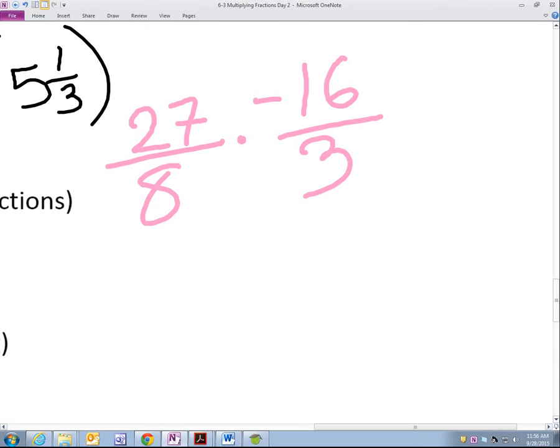Now, we are going to try to find a common factor that is across the multiplication symbol, numerator to denominator. Is there anything that goes into 8 and -16? 8 goes into it. So I'm going to write divided by 8 right here and divided by 8 right here.